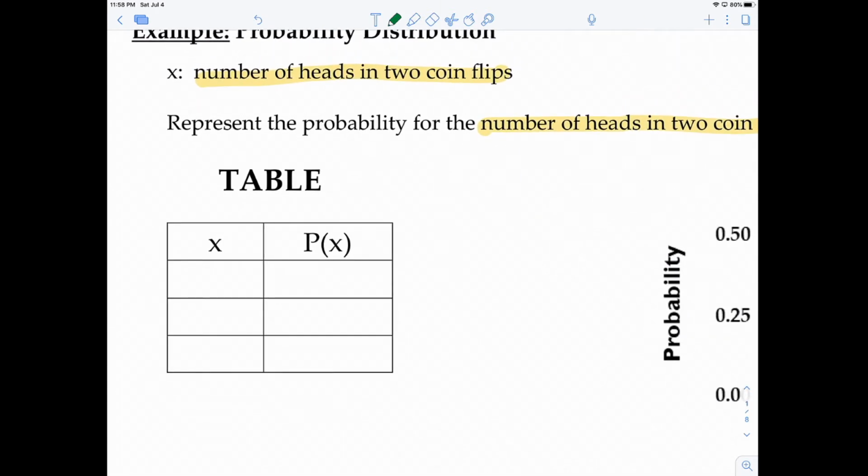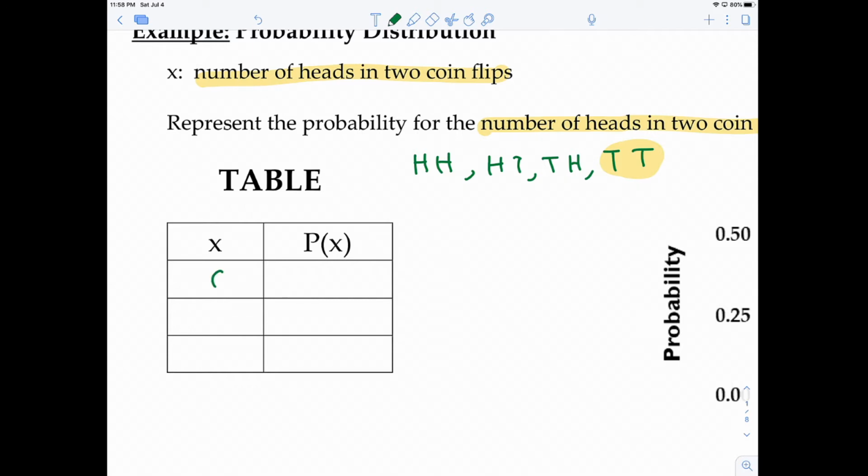When we're flipping a coin 2 times, how many possibilities are there for the number of heads? Earlier in our pre-skill, we had the following sample space. Let's start with this one, just so it's in order of smallest to largest X's.